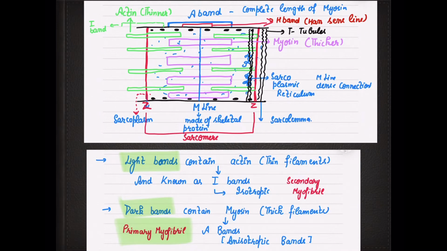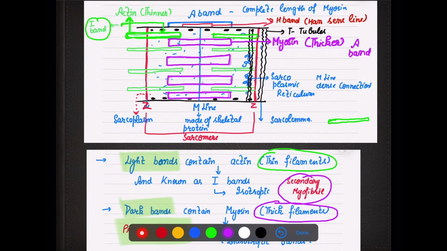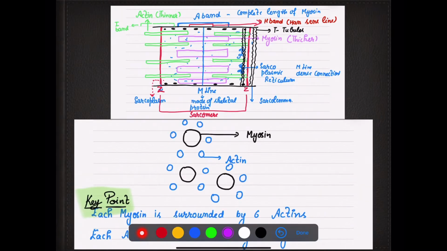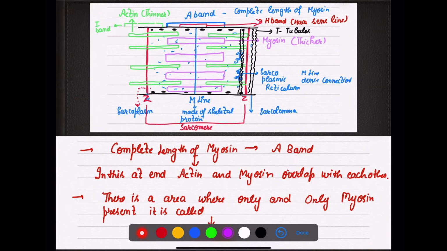Now these are our primary myofibrils, and there are also these thin filaments, which are secondary myofibrils. Basically we can say that the sarcoplasm contains two types of myofibrils. कौन कौन से?